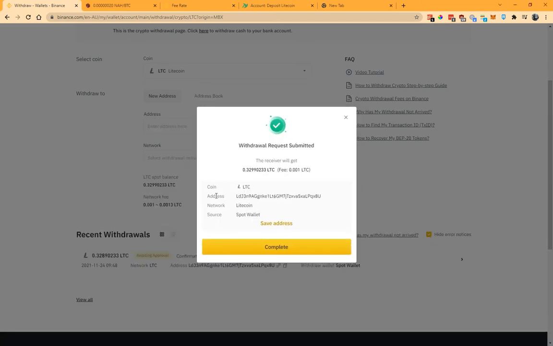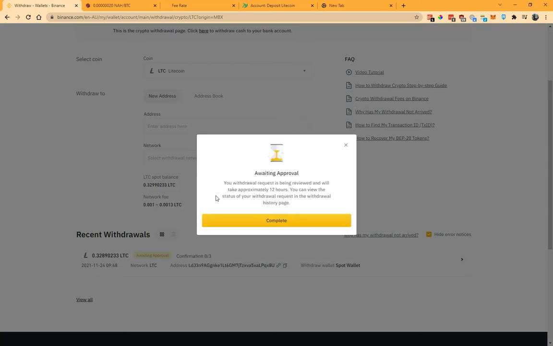Now that auth code, I didn't speak about this before, but you'll need to download an app, Google Authenticator, and Google Authenticator will essentially send you auth codes for different services. So you'll need it for TradeOgre, you'll need it for Binance, and it's a code that refreshes, I think every 30 or 60 seconds, so that even if someone gets your password, without that code, they can't get into the account. So it's a layer of security you should have added to all of your crypto accounts and wallets.